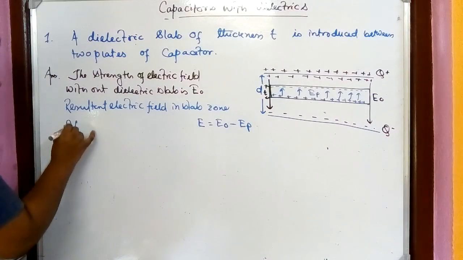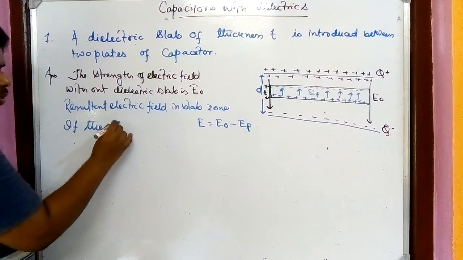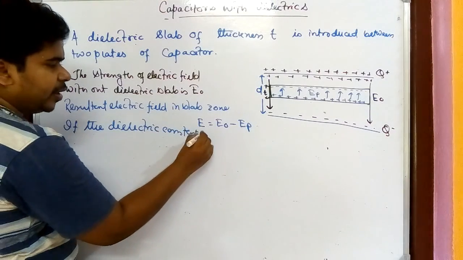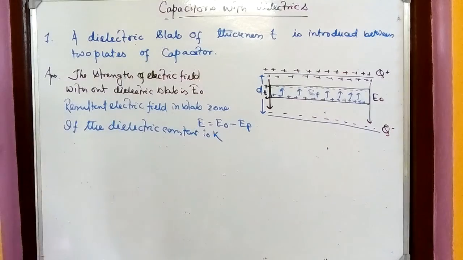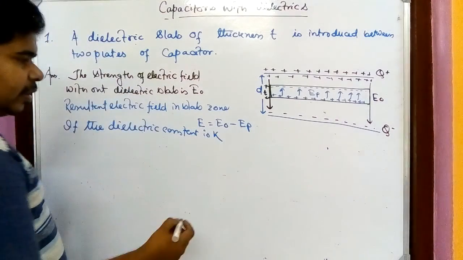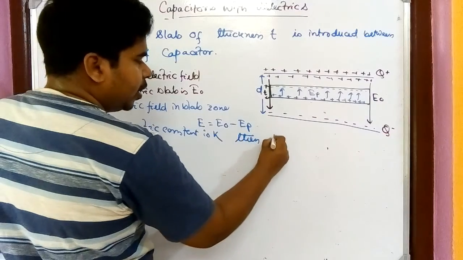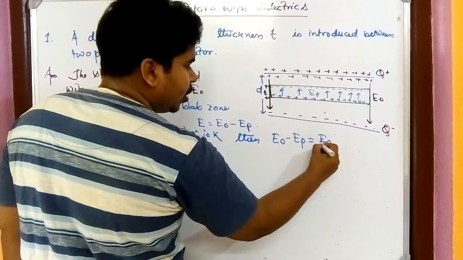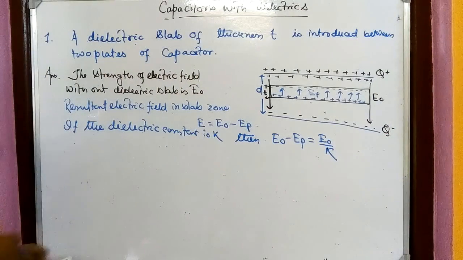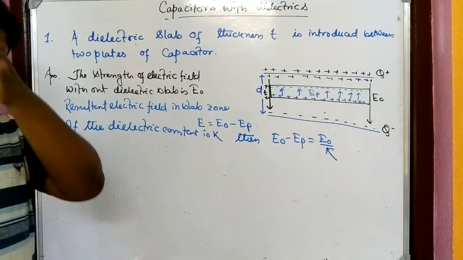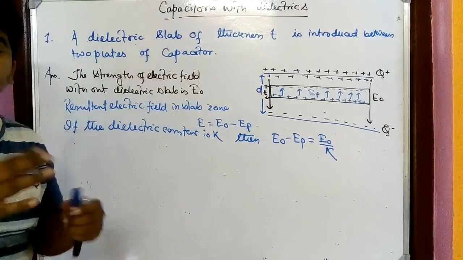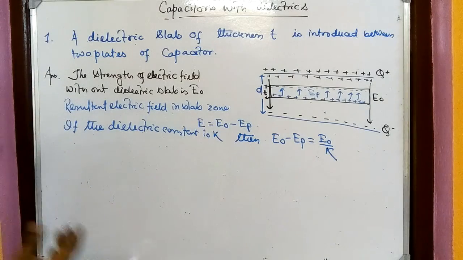If the dielectric constant is K, then E naught minus EP equals E naught by K, which we proved in the previous video. Along with that we learned about dielectric susceptibility, dielectric constant, etcetera.